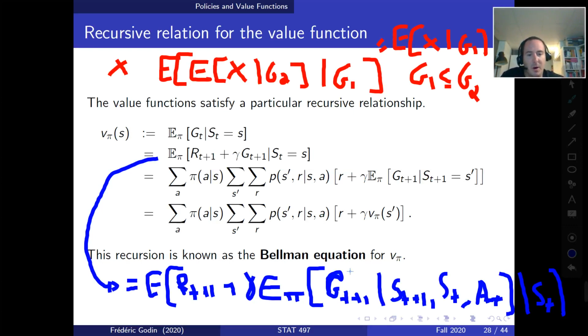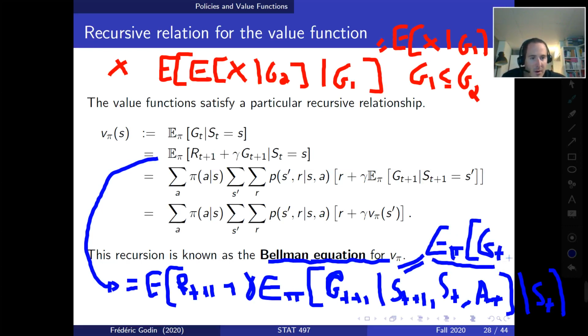And this, from the Markov property, this expectation inside is given as the expectation of G_{t+1}. Okay, so here, from the Markov property, once you know the state at time t+1... sorry, I used G, but I should have used a different symbol.